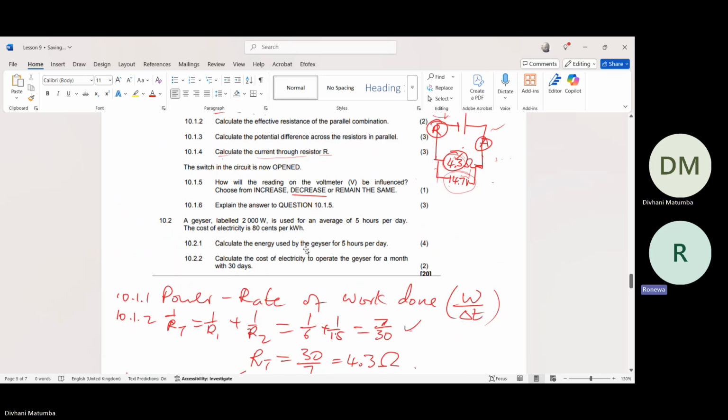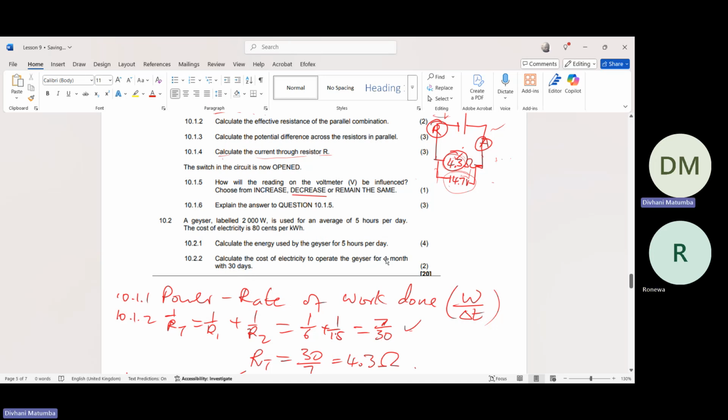Okay, calculate the cost of electricity. So what was the question? The question is to calculate the cost of electricity to operate the geyser.